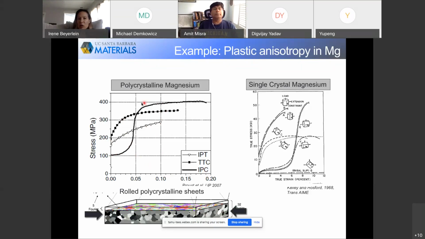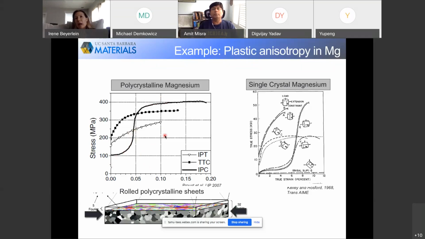Qualitatively, this has been connected with twinning and slip. This is not a result of just twinning alone, but is the combination of twinning and slip.